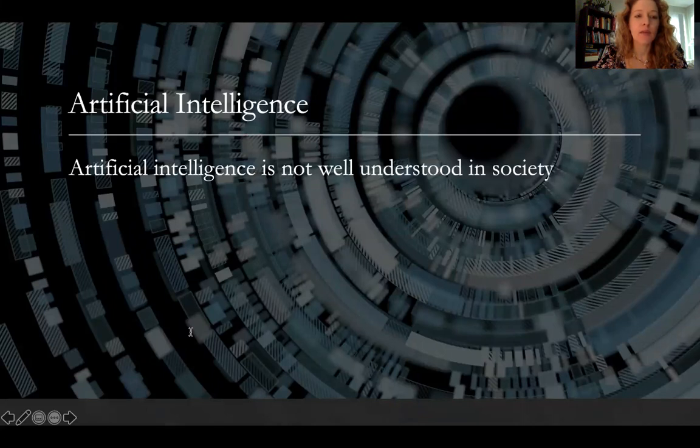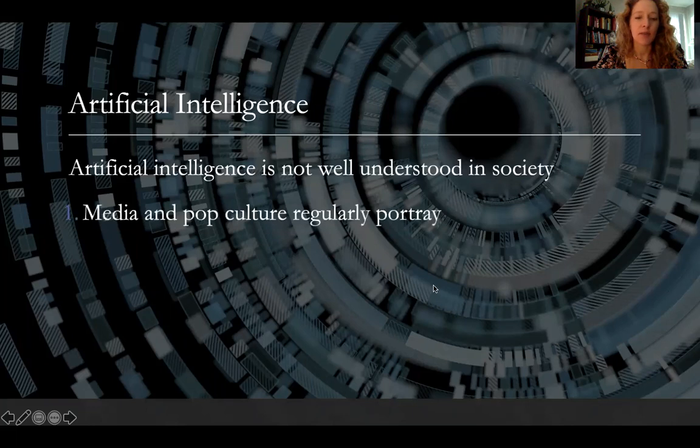And we can probably blame that on a lot of things. For instance, media and pop culture regularly portray AI to be something that it really isn't. So think portrayals of highly sophisticated robots that are capable of incredibly complex action and that sound and look like human beings and seem like they're acting on a set of principles, for instance.